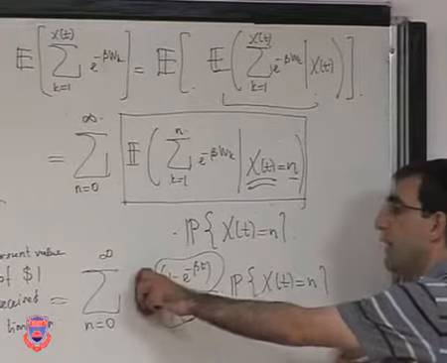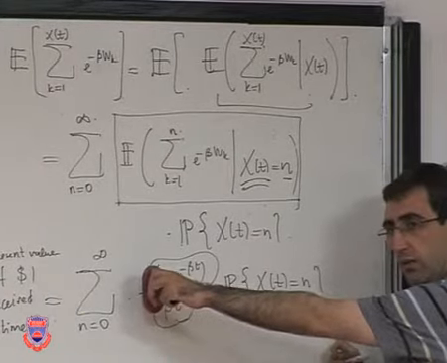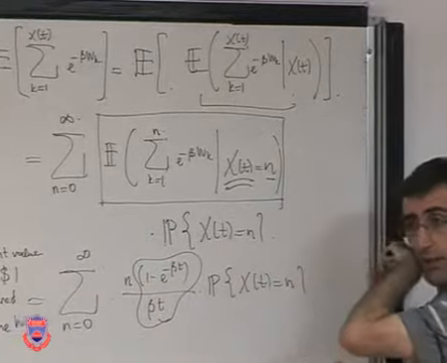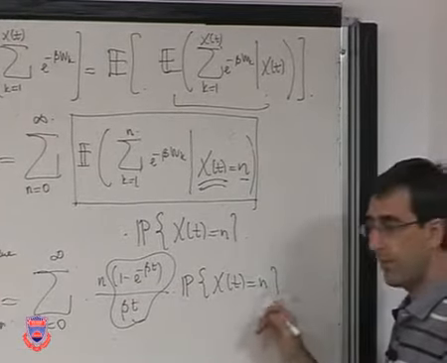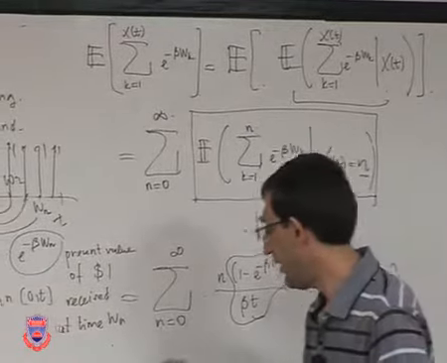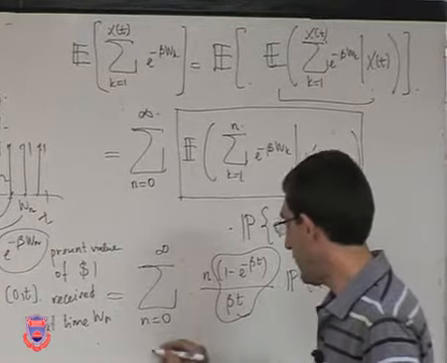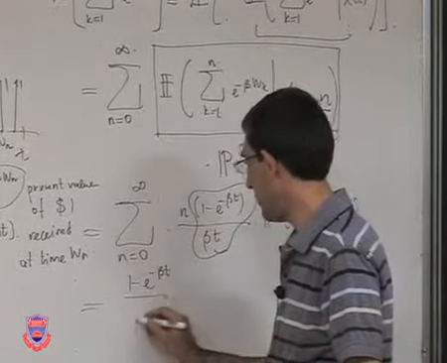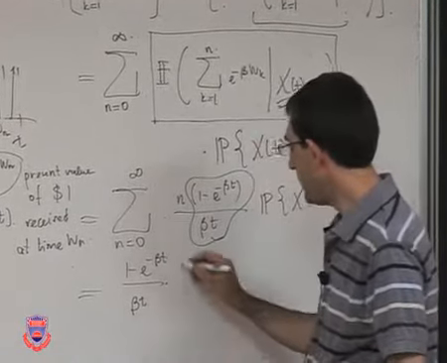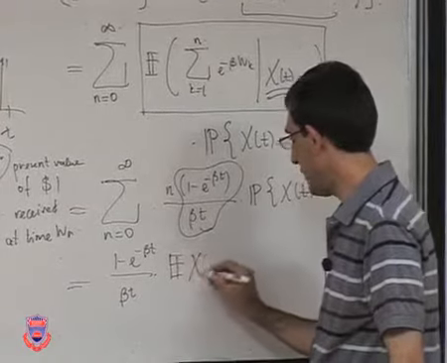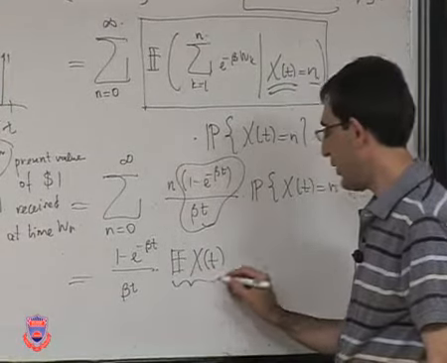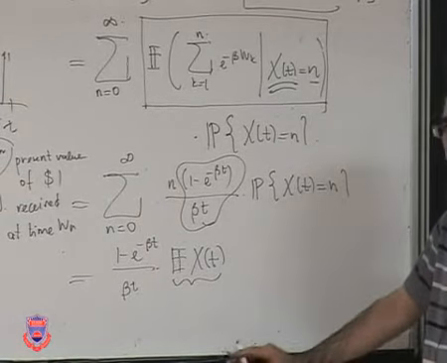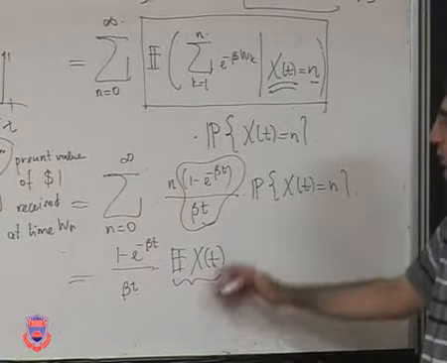If n were not there, it would be 1, because you are looking at the total probability. But n times the probability that X_t takes the value n is the expectation. So this is a constant, which doesn't depend on n, times the expected value of X_t. Do we know what this is? X_t was what?